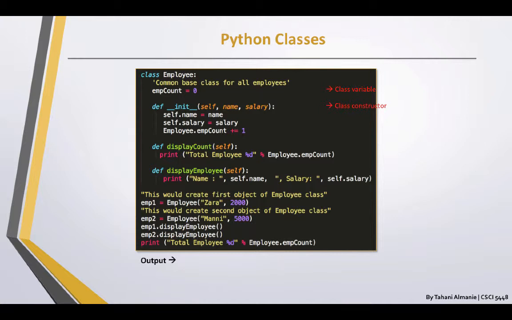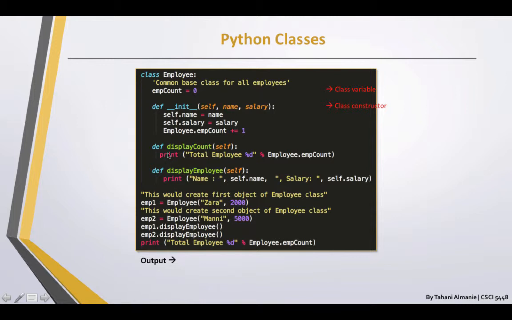Here the first method is __init__, with double underscore before and after the name. It is a special method in Python, which is the class constructor that Python calls when you create a new instance of this class. The constructor is optional, so if you don't need it, you don't need to include it.